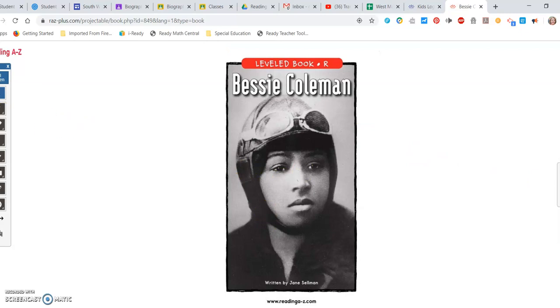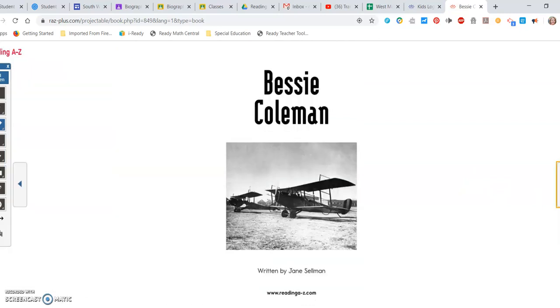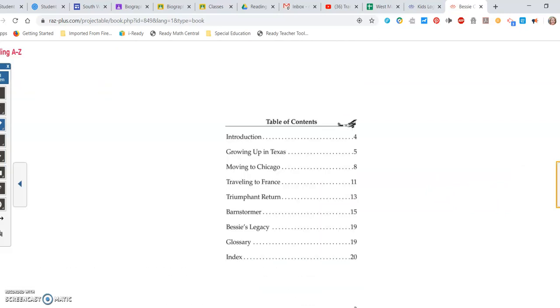As I read, I'm going to begin highlighting some important things that we see as we are working on transitional words. To give some background information about Bessie Coleman, she was an aviator, or an airplane pilot, and she was the first African American woman to become a pilot in the United States.